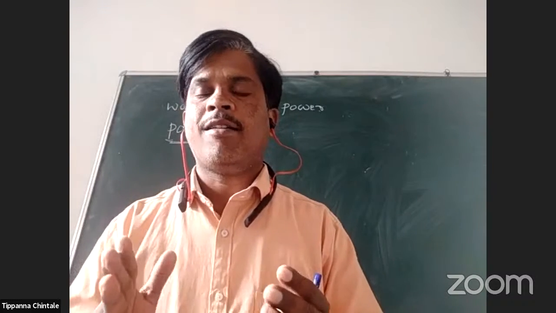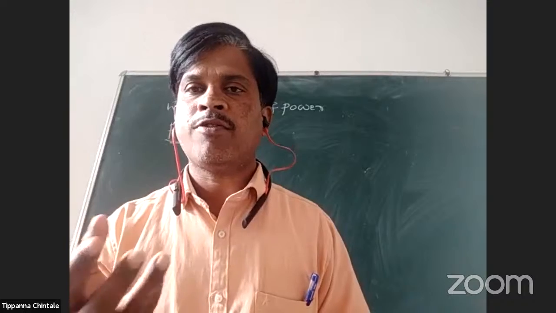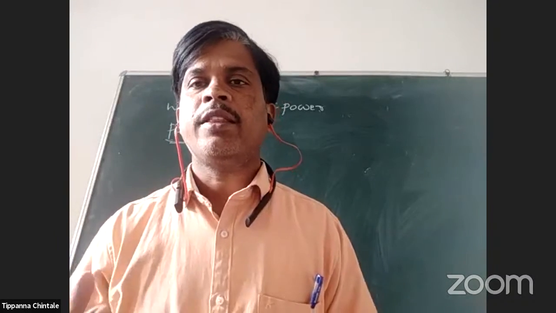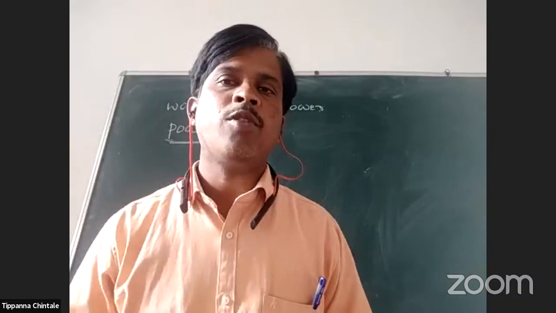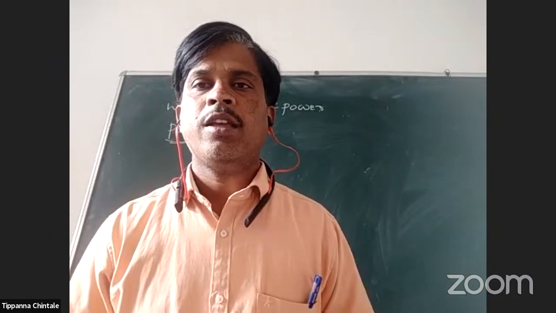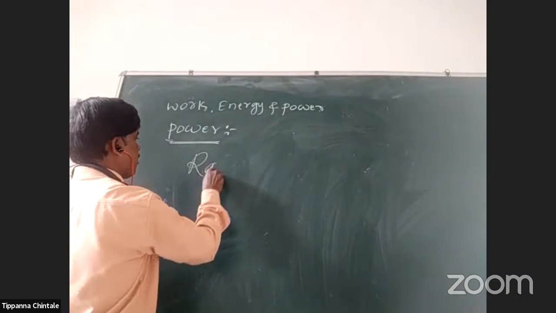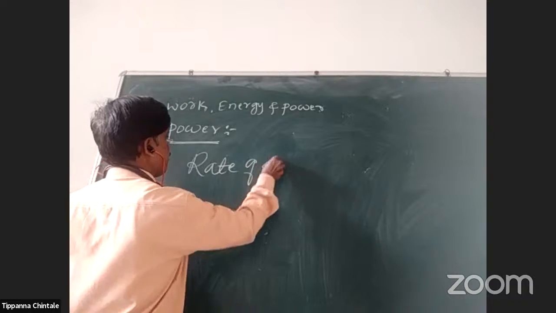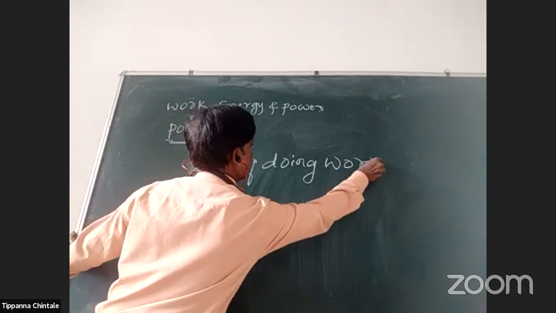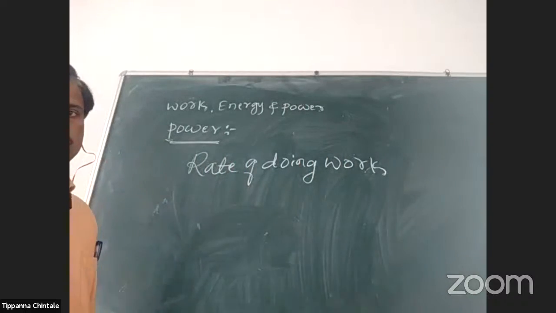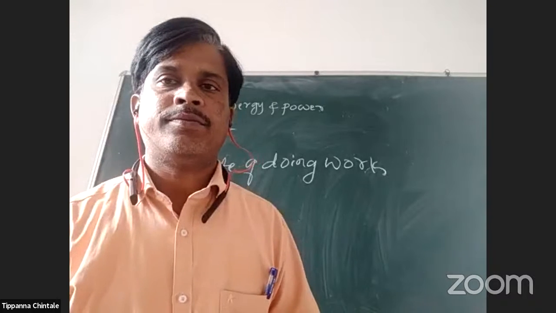But commonly any physical work, if you do very much fast, then you can say that you have possessed more power. Therefore, in a simpler way, the power can be defined as the rate of doing work. The rate of doing work is called as power.